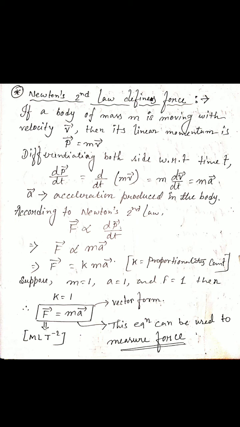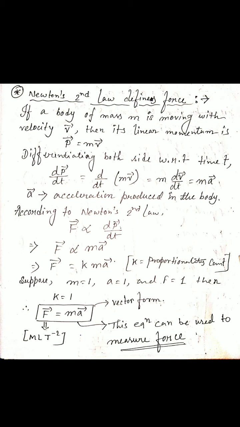So this equation, F equals m into a, is a very important equation in physics. Later we will also discuss that Newton's second law is the real law, because from this second law we can derive the first law as well as the third law.